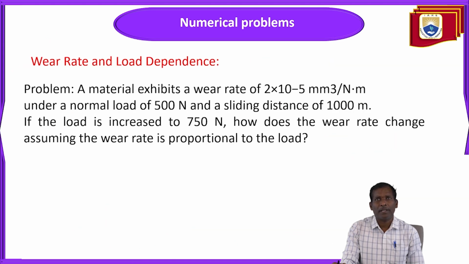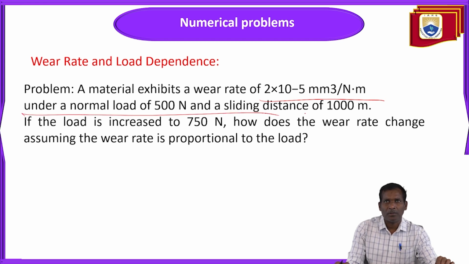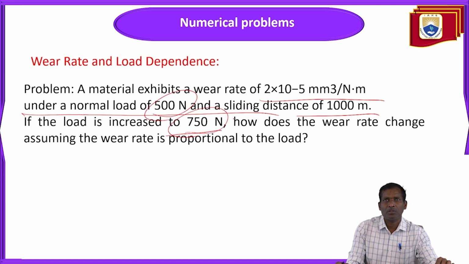Wear rate and load dependence. A material exhibits a wear rate of 2 into 10 to the minus 5 mm cube per Newton meter under a normal load of 500 newtons and a sliding distance of 1000 meters. If the load is increased to 750 newtons, how does the wear rate change, assuming the wear rate is proportional to the load?